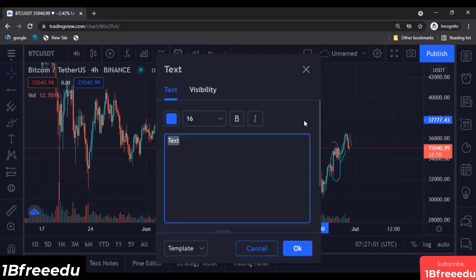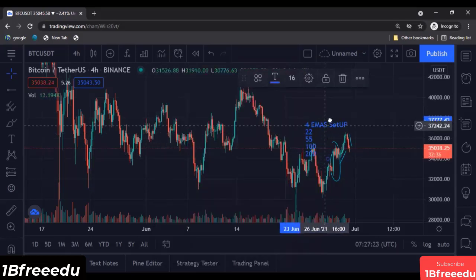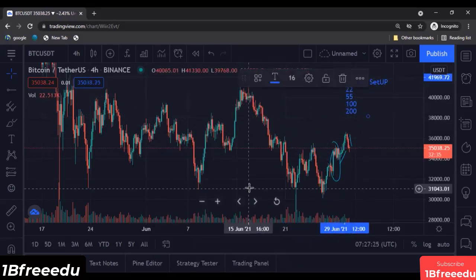So what are some of the best values you can use? This is a 4 EMA setup, and for that I would recommend you use 22, 55, 100, and 200. These are the four averages which I would recommend.